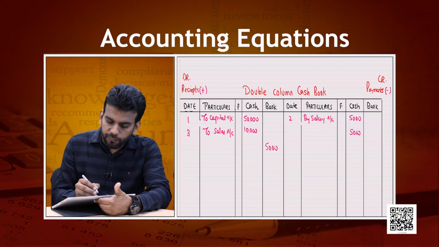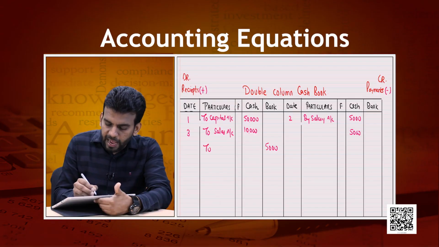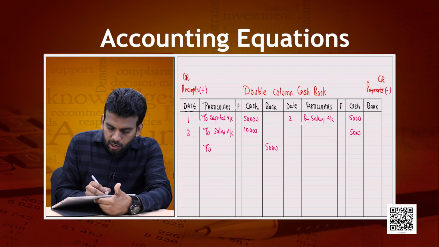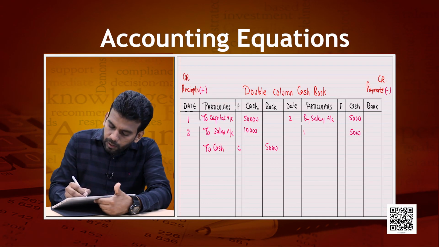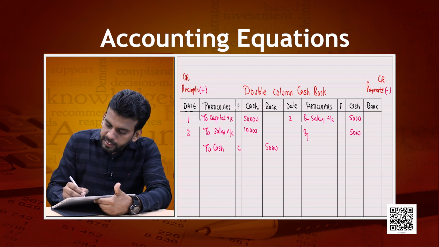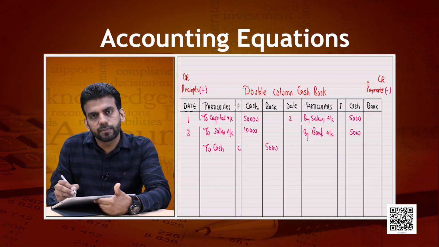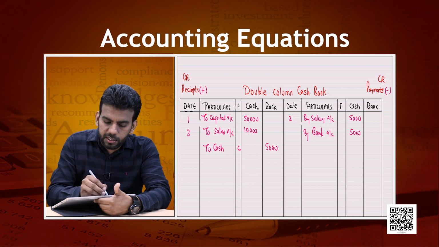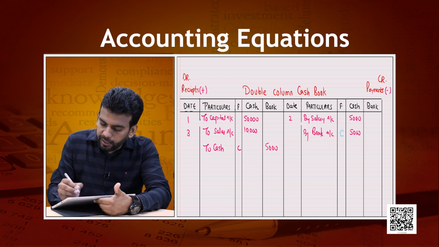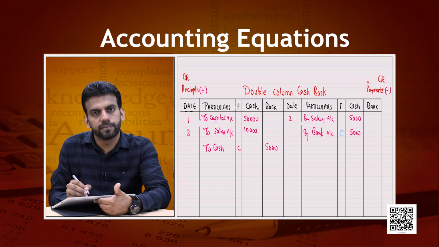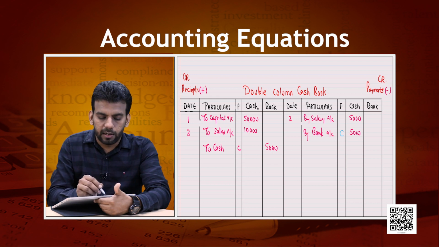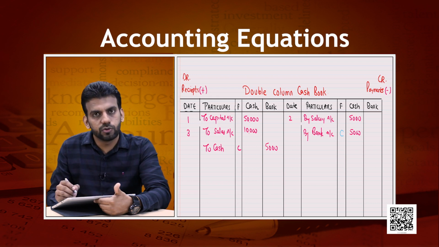When I have recorded it on the bank column, I'll write to cash. Now, on the payment side, if I have recorded the amount in the cash column, I'll write by bank. And this is a contra entry, so we must show it. We'll write C for that. C stands for contra entry. I guess it is crystal clear to you.